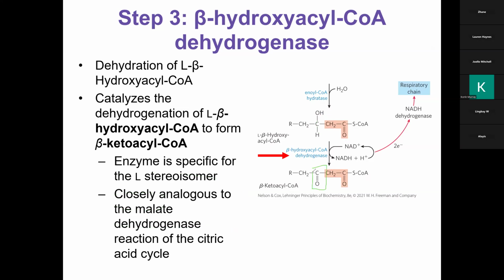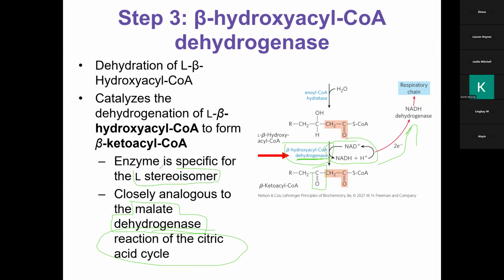Step 3 is it gets oxidized again by a dehydrogenase, which is coupled to the reduction of NAD to NADH, which then enters the electron transport chain. Similarly, this is the same as the malate dehydrogenase of the citric acid cycle.